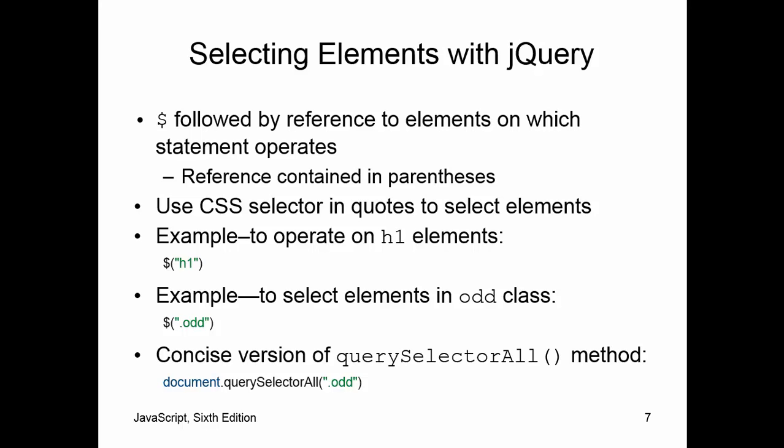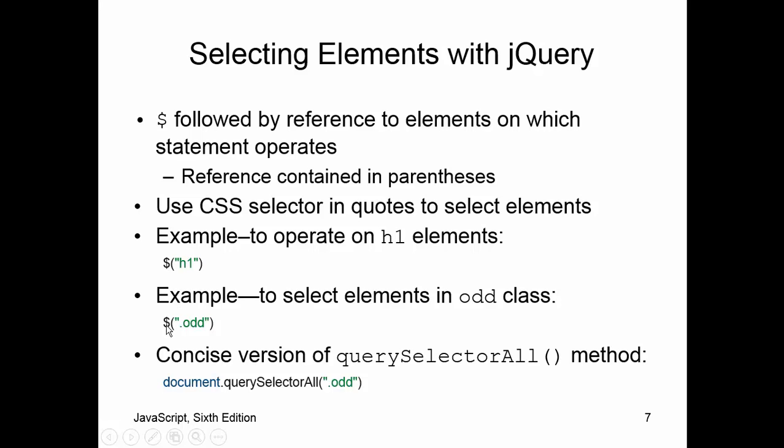The $ sign is followed by a reference to elements. And jQuery, more than anything else, jQuery has methods, jQuery has properties, but more than anything else, jQuery works with CSS selectors. What this line right here means is using jQuery, I want to select all H1 tags.